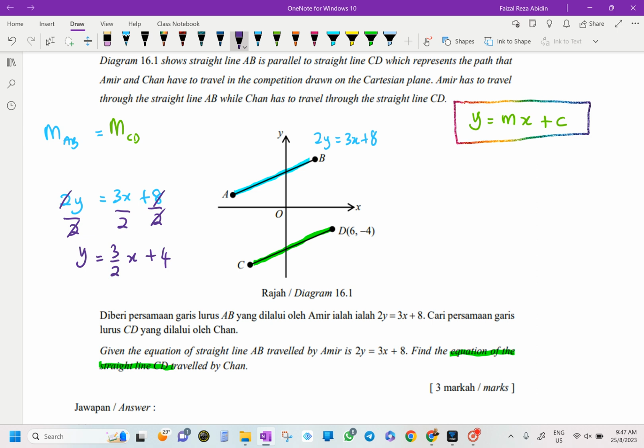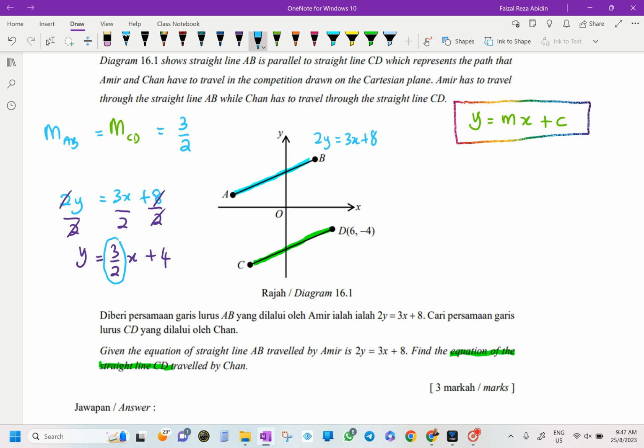So what do you have over here? The gradient is not going to be 3. The gradient of AB is going to be 3/2, which means the gradient for CD is also going to be the same, 3/2.